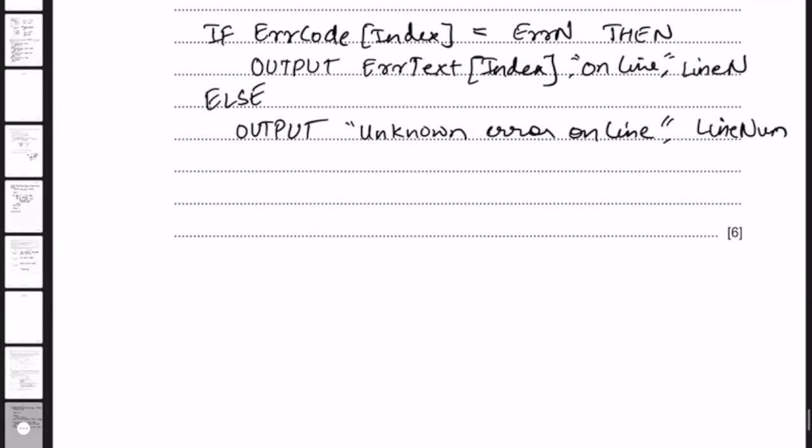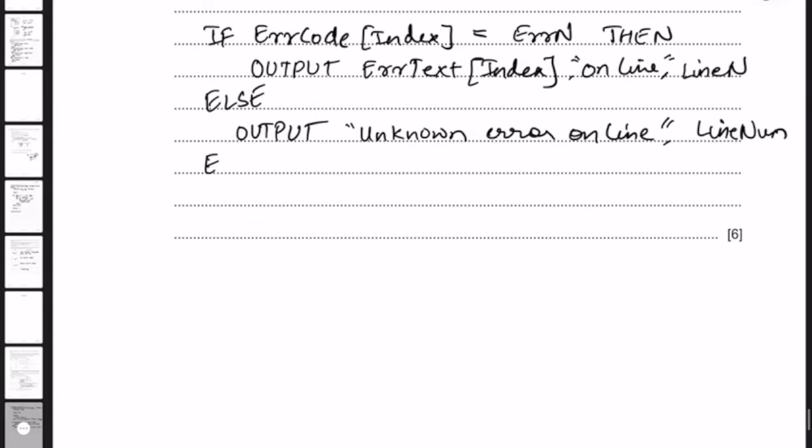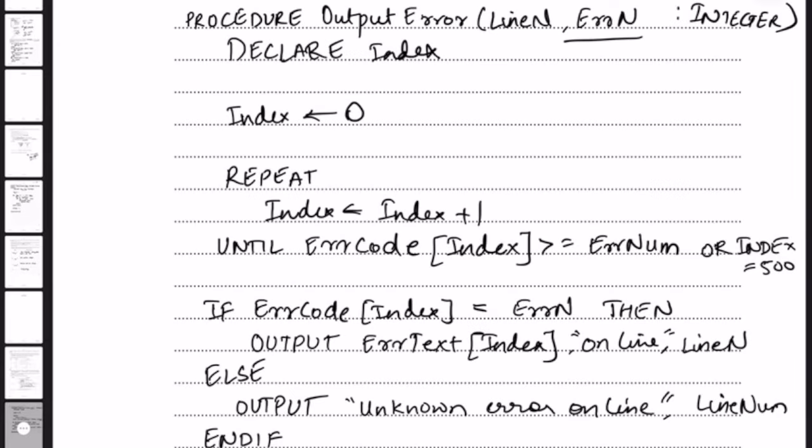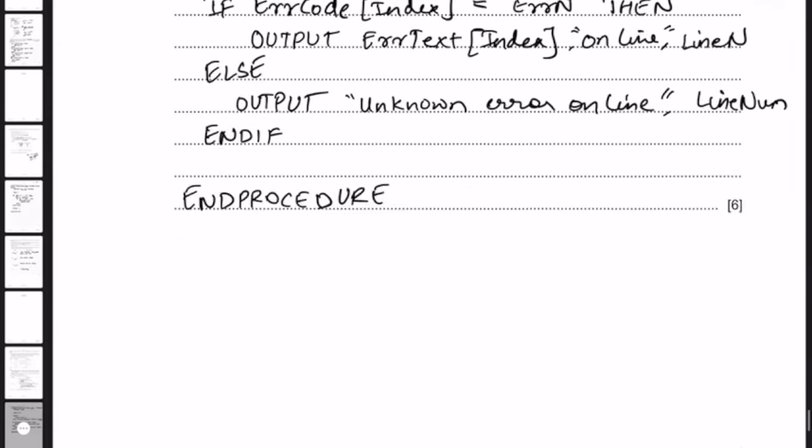Okay, and we end if here, and end procedure. You can pause the video and look at this code once again and try to understand it better. If you have a doubt, leave it in the comments.